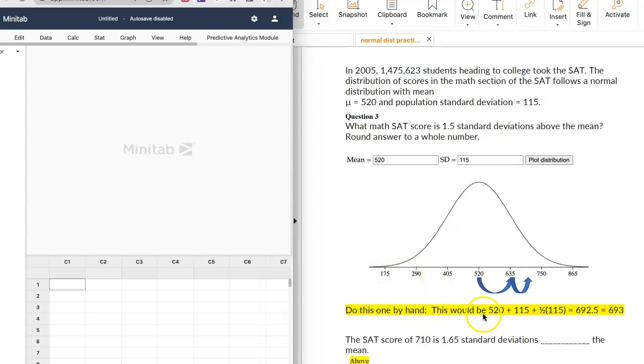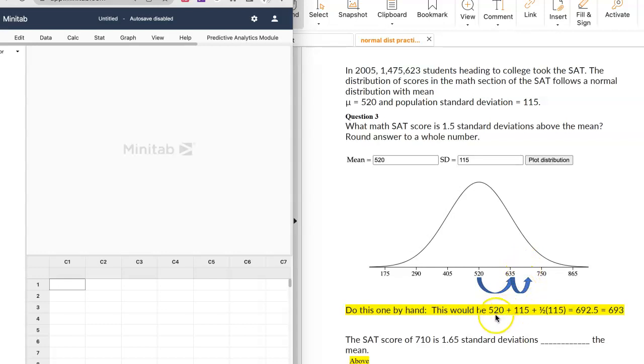So the question again is what score would be 1.5 standard deviations above the mean. So we go from 520, 1 standard deviation up, or 115 up. So 520 plus 115 gets us to 635, and then another half of 115. So another half of a standard deviation is going to fall right here, exactly in the middle.